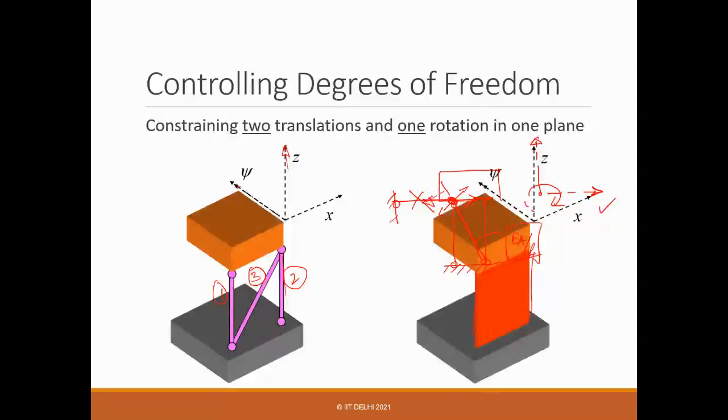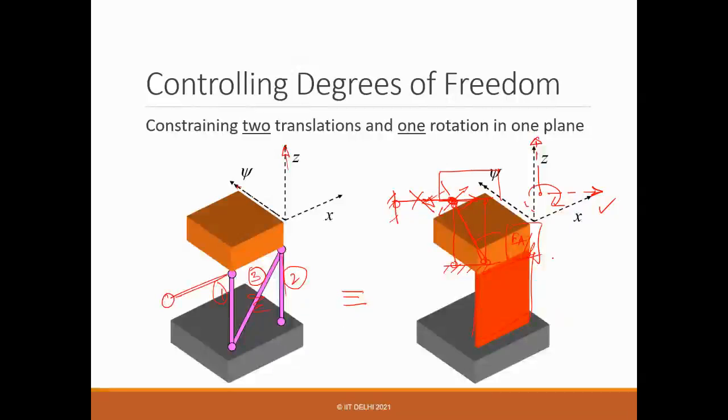The moment you have this, it is equivalent to the sheet flexures. Now you realize, right? And that's why many times we ask, if we have the sheet flexures, what is the equivalent design? So the equivalent design can be this or can be this also. So if there are three constraints in a plane and one in the orthogonal section, you can very much replace these three constraints with a single leaf spring.